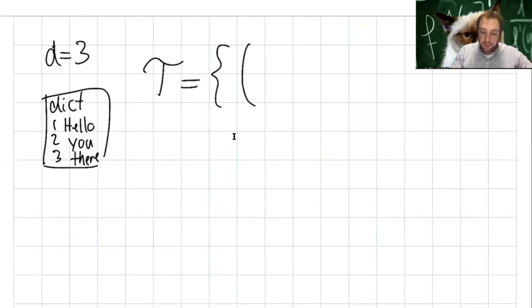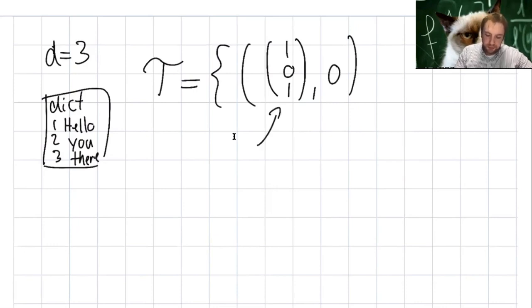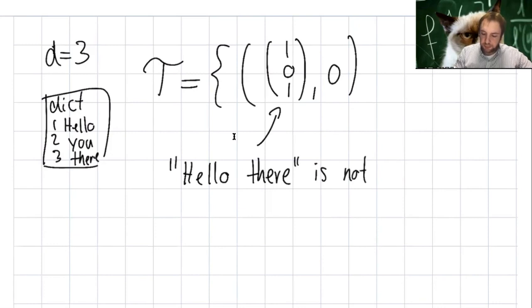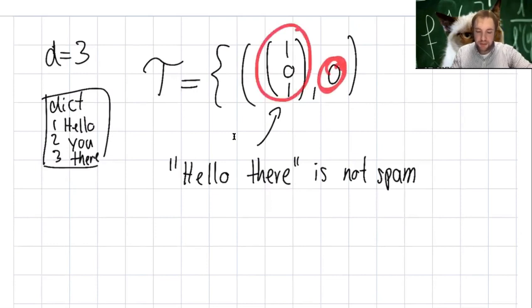The first training example has the feature vector 1 0 1 and label 0. This training example means the email "hello there" is not spam, because the y is 0 and the feature is 101, meaning I have hello in there, I don't have you, but I have there.